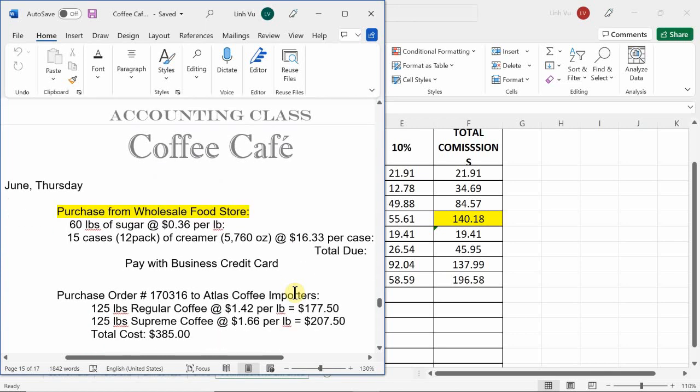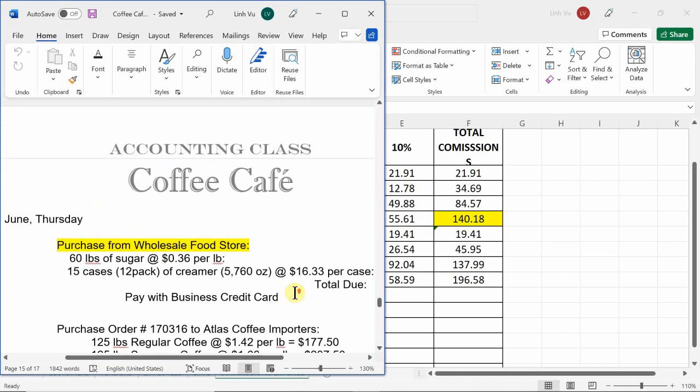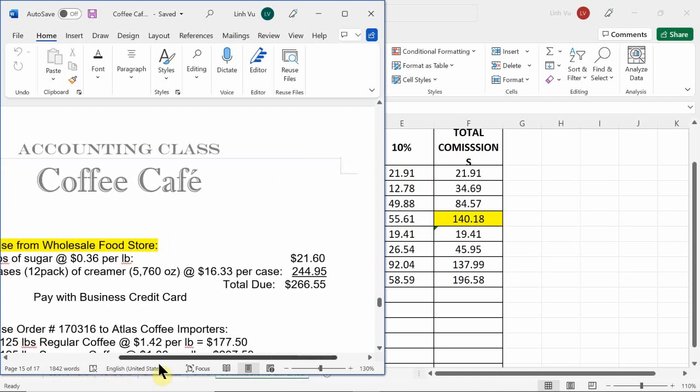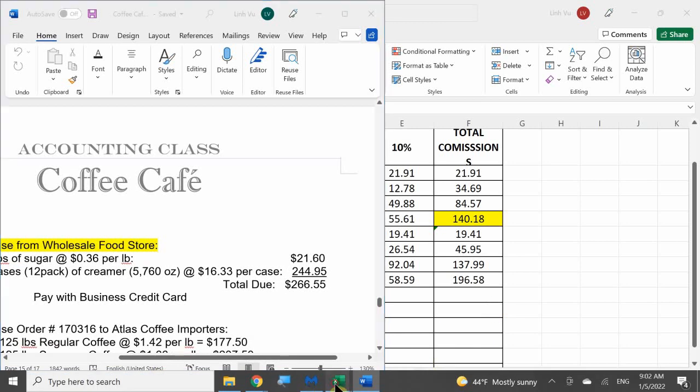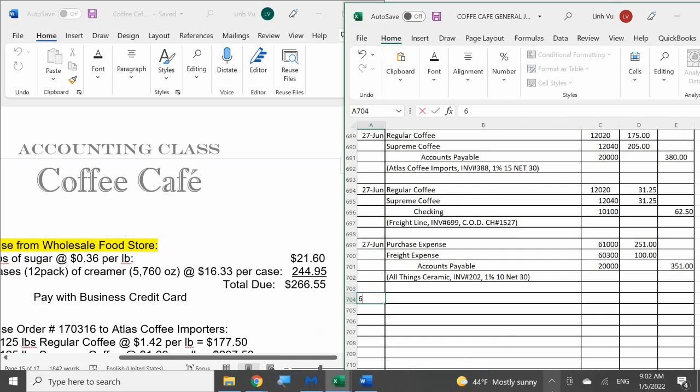Now we can finally purchase from the Whole Foods store sale, okay, for more sugar and creamer, okay, still on the 27th. So here it is. We use our business credit card. Okay. More sugar, more creamer.